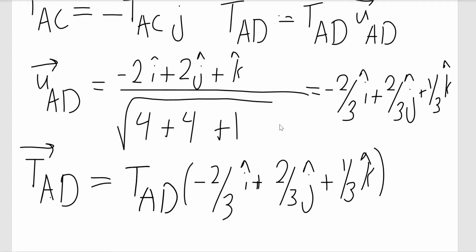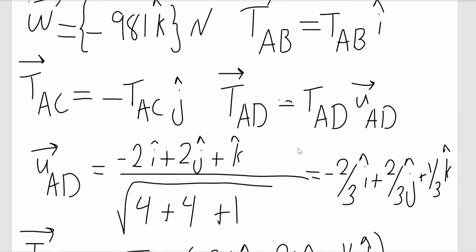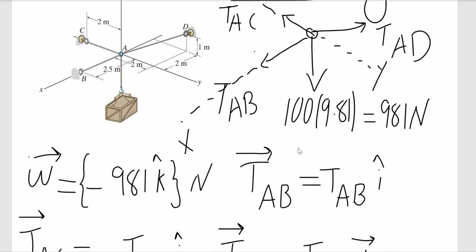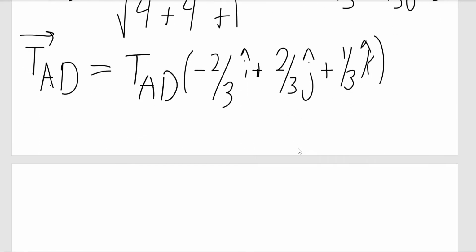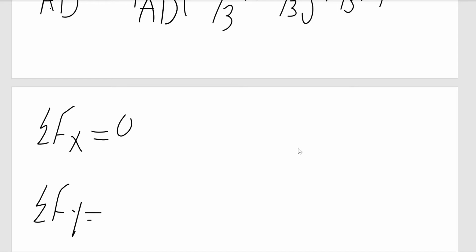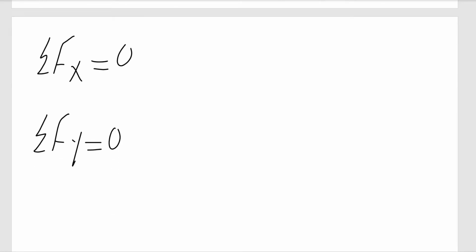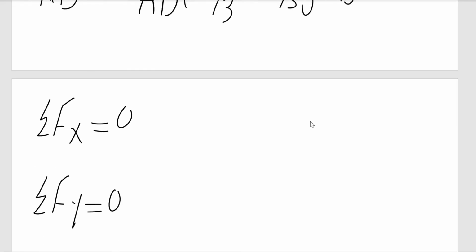So now I have all the vectors in the Cartesian form. So if I want to write equilibrium, that makes it much easier for me. I will just add the x component, y component, and z component. So summation of forces in x equals 0, summation of forces in y would be 0, and summation of forces in z equals 0. These are the three equilibrium equations I have in three dimensions.